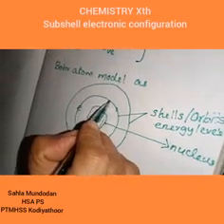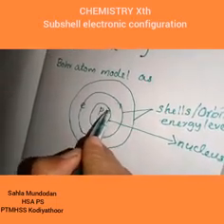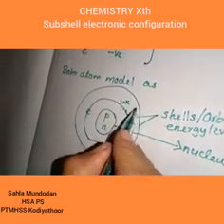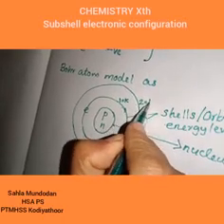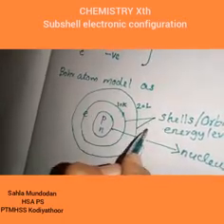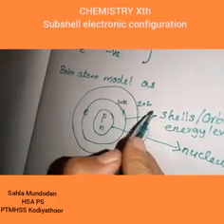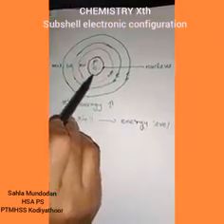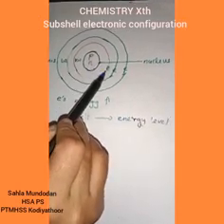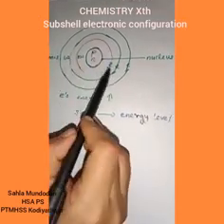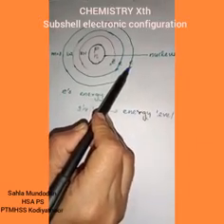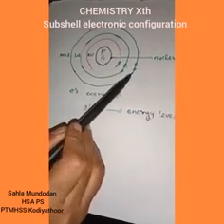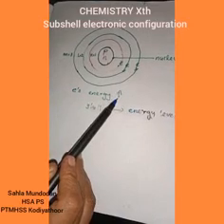Here, the first shell, that is very near to the nucleus, is termed as K. Then the next shell, the second shell, is termed as L. Then the third shell is M, then N, etc. In the Bohr atom model, at the center is the nucleus, and in shells the electrons are revolving, but the energy of the electrons is different, because when the distance between nucleus and shell increases, the energy of the electrons also increases.